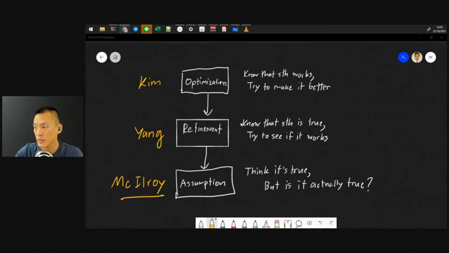It depends on a lot of things. Even though I said that the assumption level of research is better than refinement, is better than optimization, do not let that stop you from doing any kind of research, right? Doing any kind of research is fun. Coming up with new stuff is fun, right?